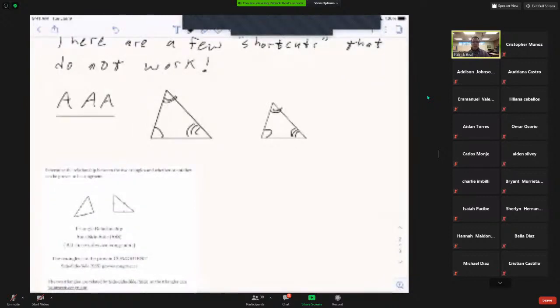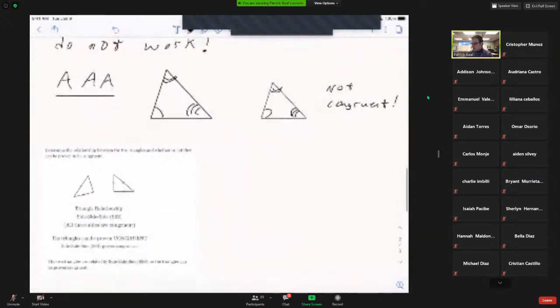That does not guarantee that these 2 triangles are congruent. And here's a case in point. This does not work. These are not congruent. So angle, angle, angle does not work.